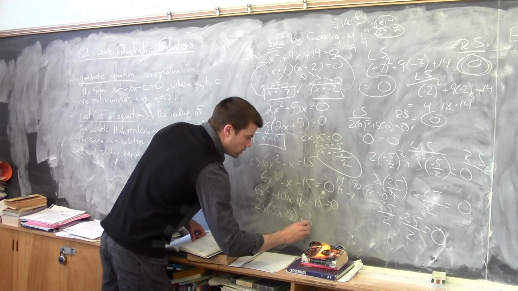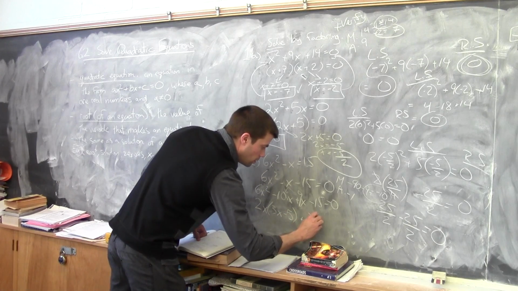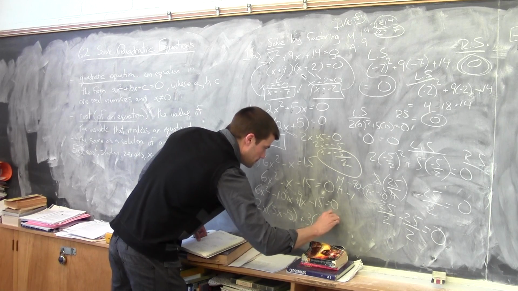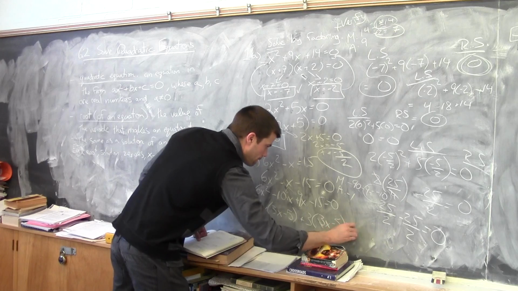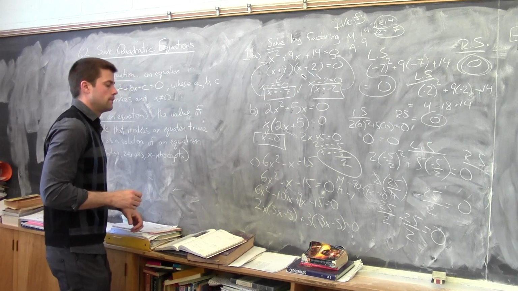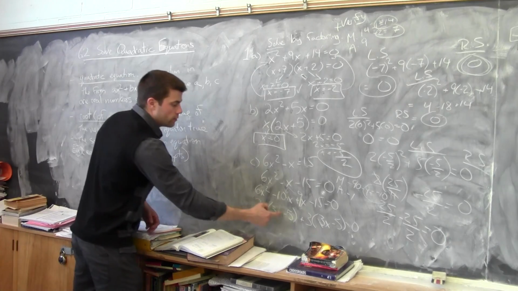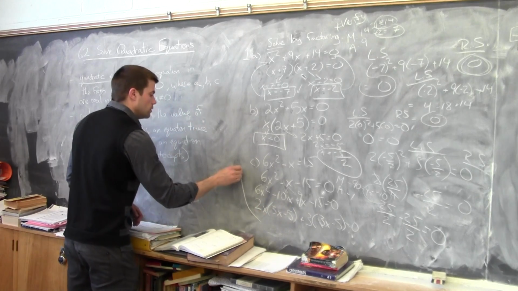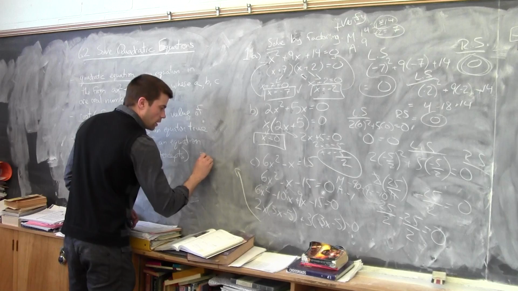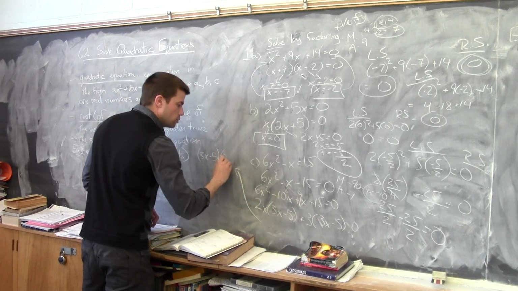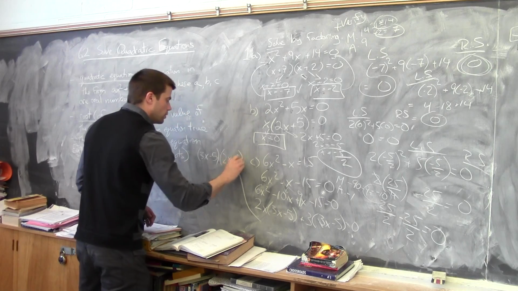And what's common between 9 and 15 is 3. Okay, now I have two binomials that are common. So I'm going to bring that up here, 3x minus 5. And factoring it out of each, I'm left with 2x plus 3.